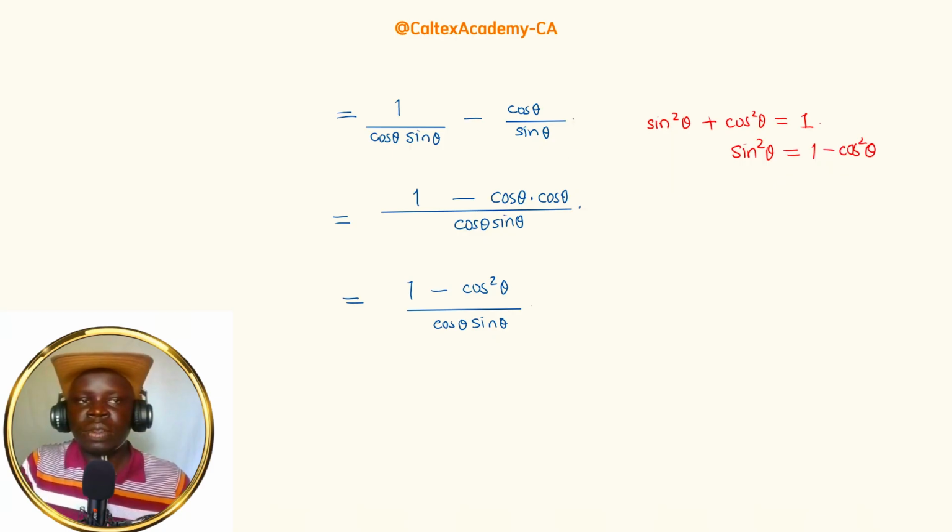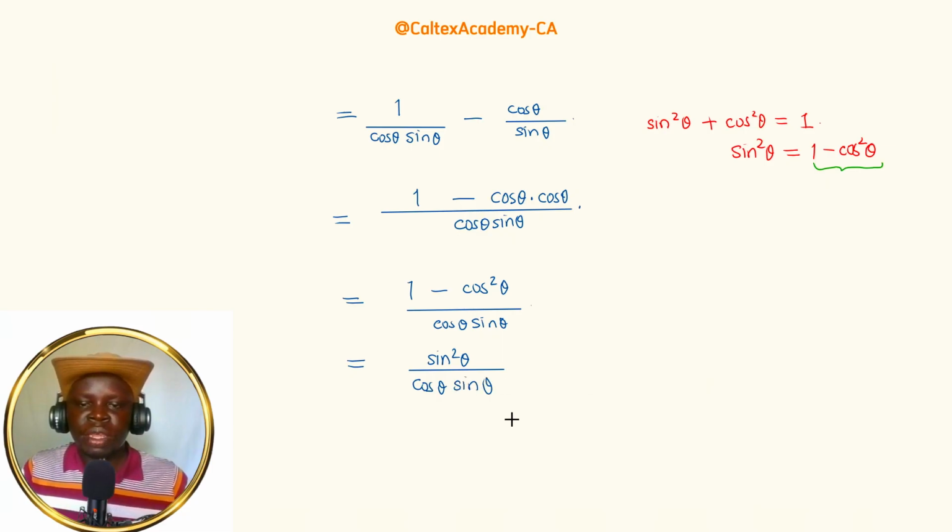And this one looks exactly like the numerator. Therefore, we can replace the numerator by the single term, and that is sine square theta. Therefore, we divide this by the denominator, and our denominator is simply cos theta and sine theta.